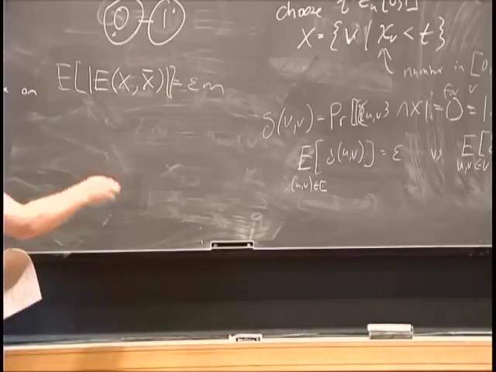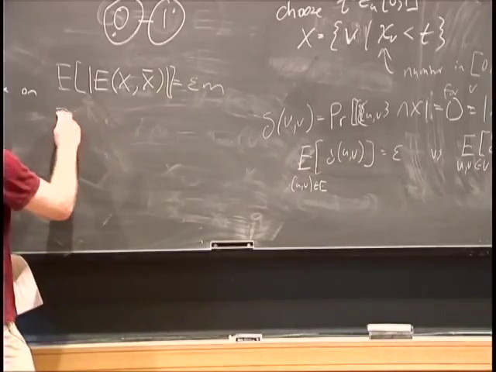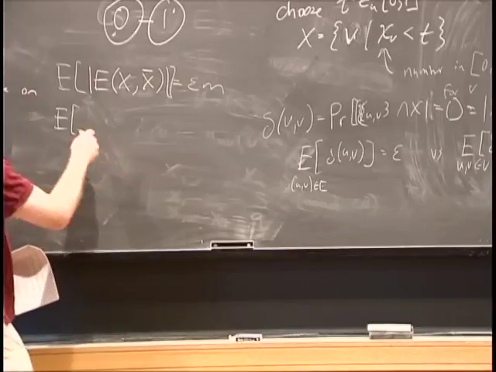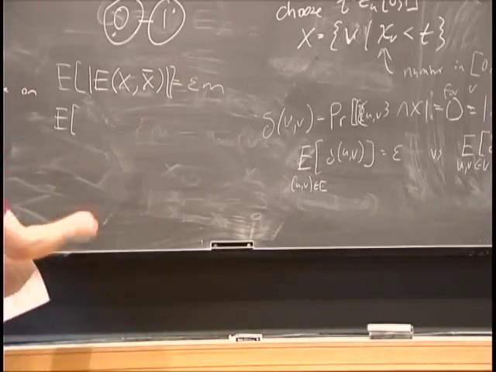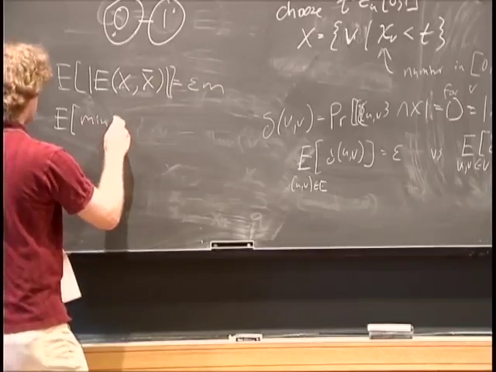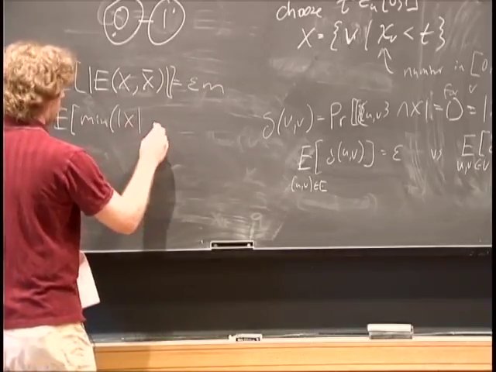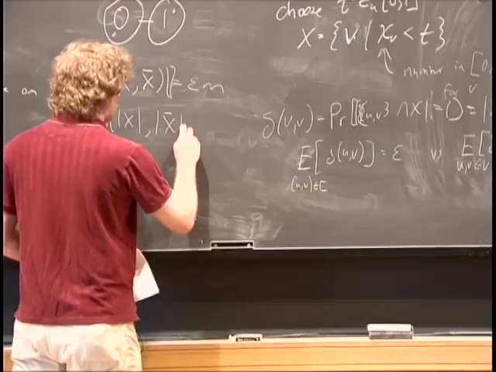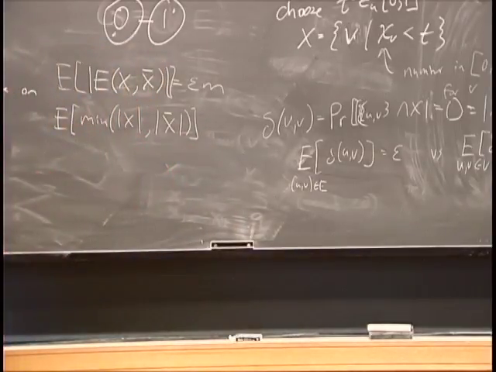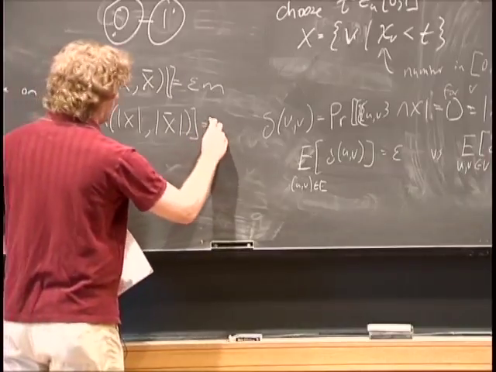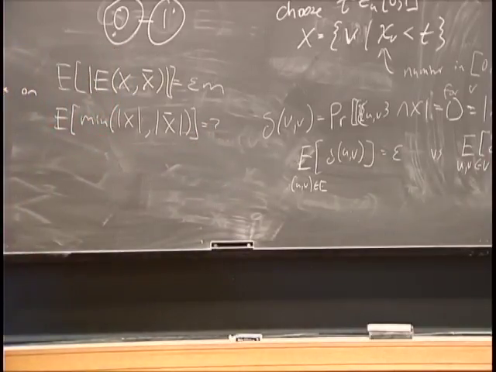Now, what's the expected size of the smaller half of the cut? Well, let's look at a random pair of vertices.